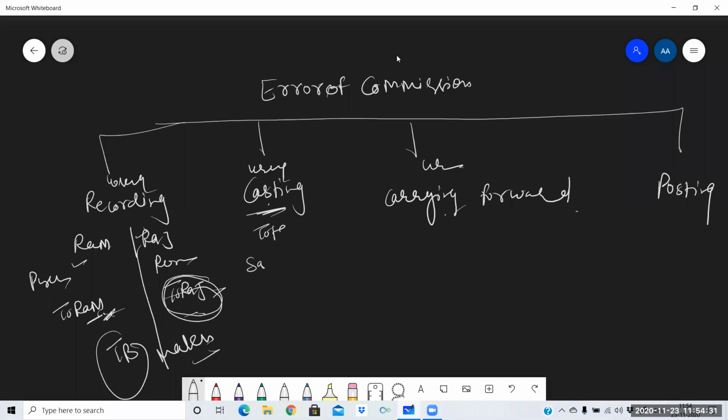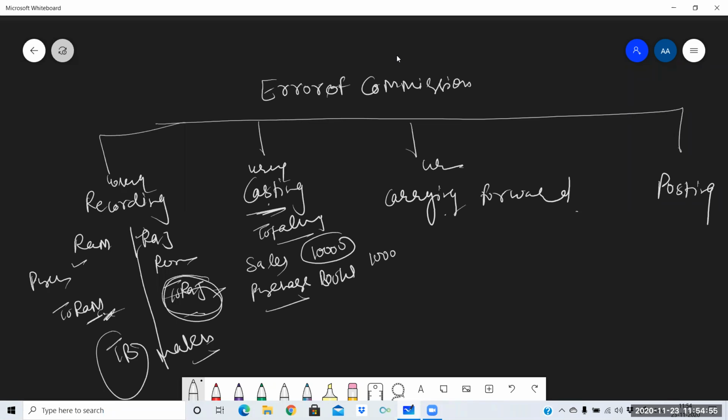Whenever we are making any book, whether it is sales book or purchase book, then at the last to close the book, we are making the total of the books. Sales book, purchase book total, and we are writing purchase account debit, sales account credit. So suppose the total of sales book was 10,000 and by mistake, we have written it 1,000.